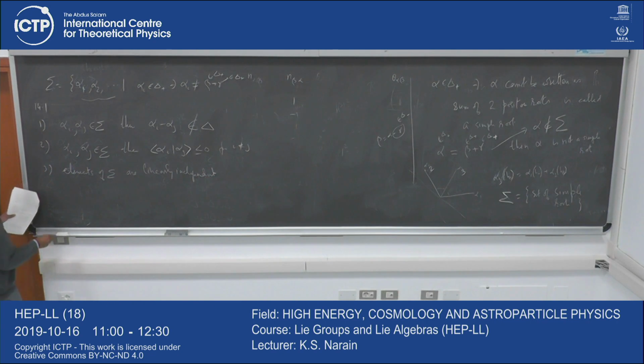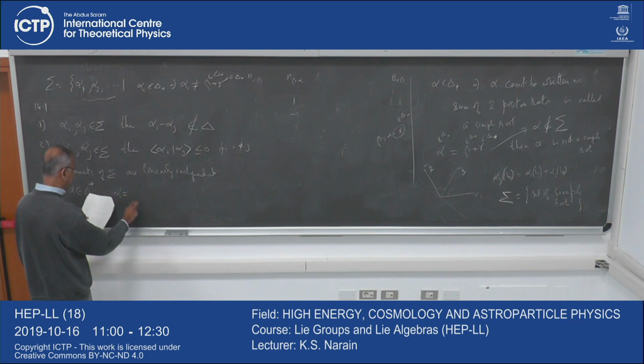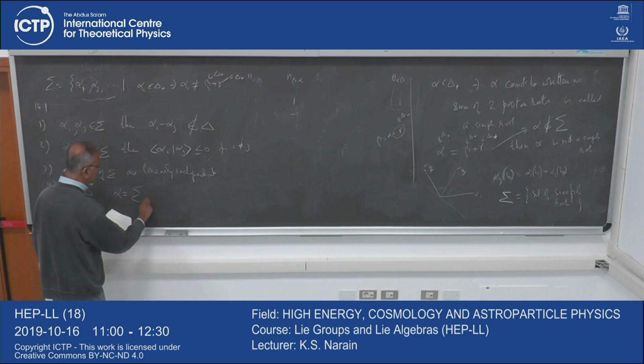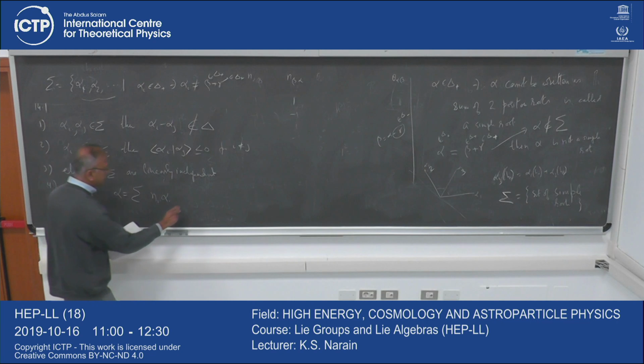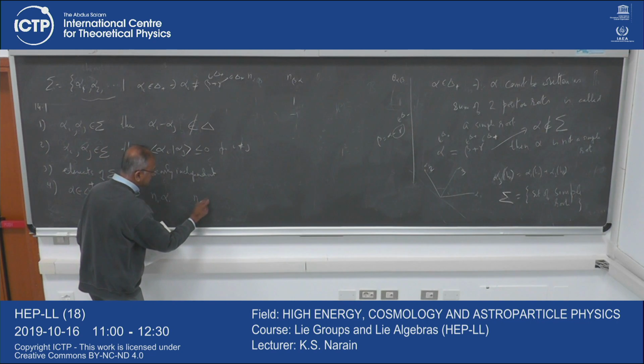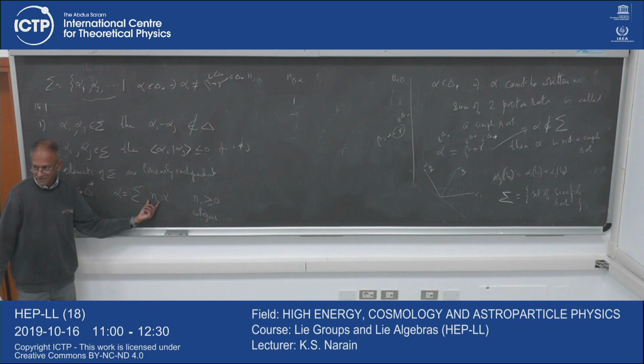And finally, the fourth point is that if alpha belongs to delta plus, a positive root, then alpha can be written as a sum over simple roots, the sum of n_i alpha I, where the alpha I are simple roots and the n_i are non-negative integers, greater than or equal to 0. So any positive root can be written this way, where the coefficients are all non-negative.